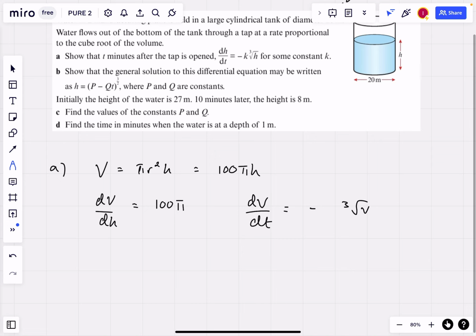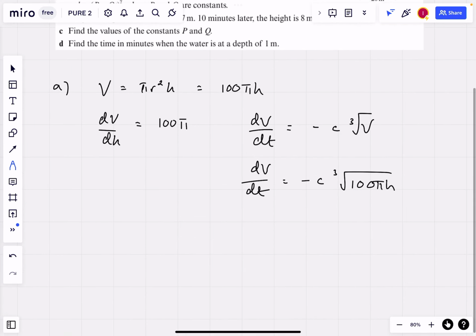We're working with proportionality, which means we're going to have a constant. So C. Let me write this a bit clearer. There we go. Cool. We have the equation for V. So I can rewrite dV by dt as minus C cube root of 100 pi h. Okay, now let's use the chain rule.